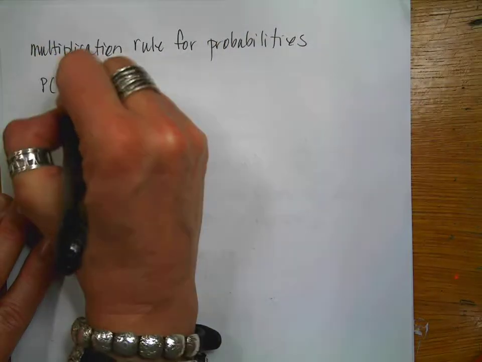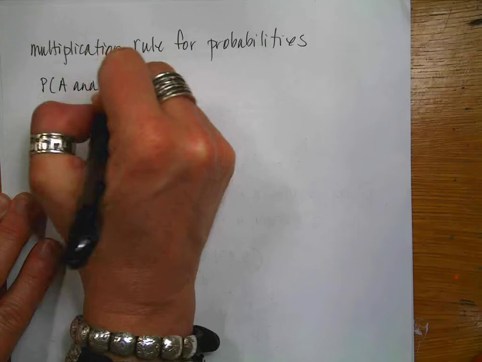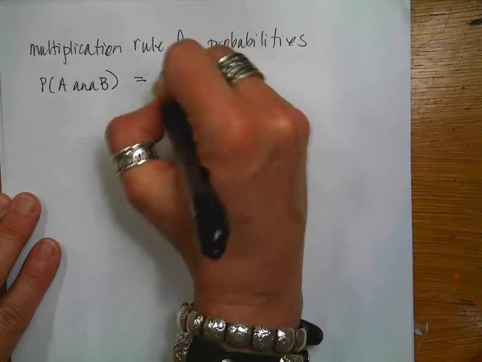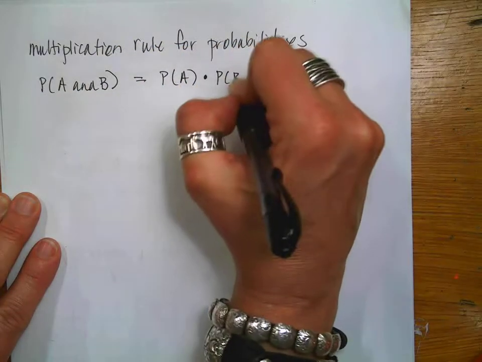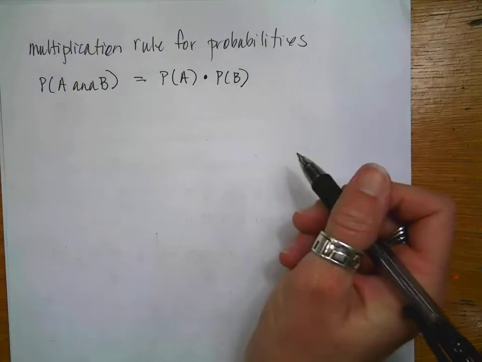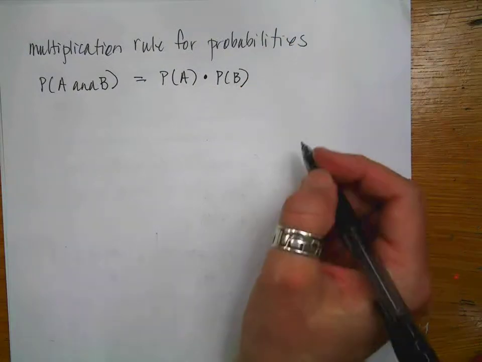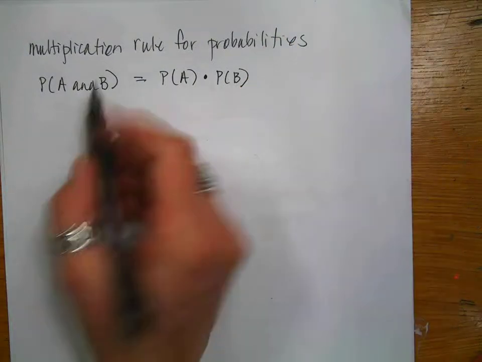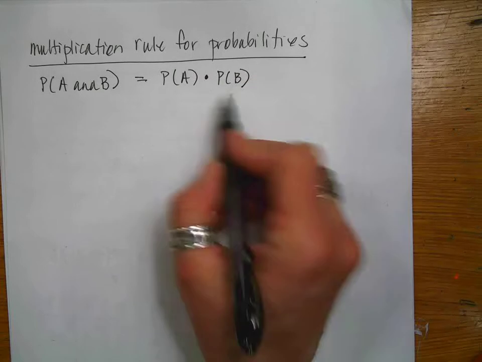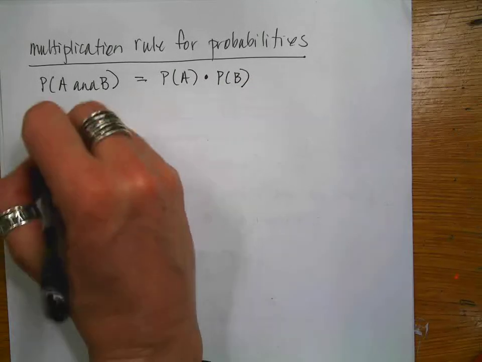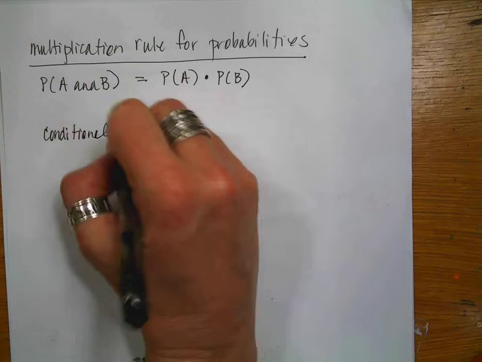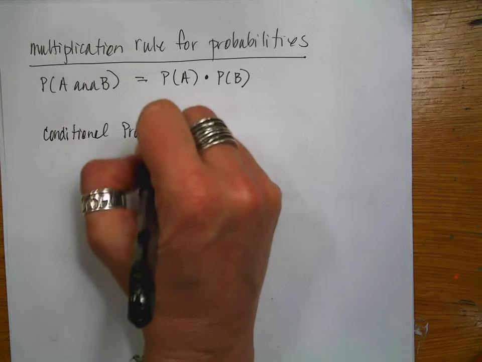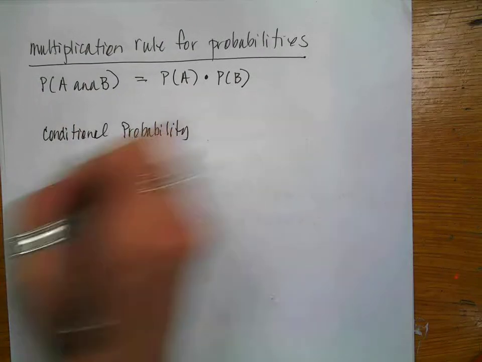Alrighty, so let's say I have the probability of A and B. This is going to equal the probability of A multiplied by the probability of B. And we've actually done this in a couple of our examples. Okay, so then that just gives us an official definition. And then I'm going to add a conditional probability.